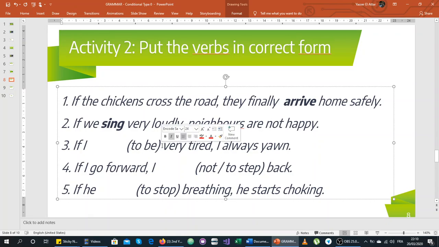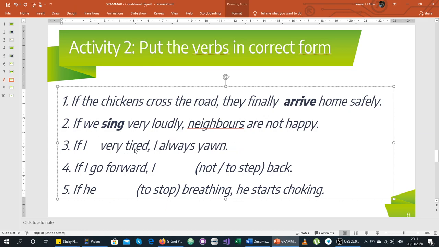Here, if I, and we have the verb to be. And what is the verb to be in the simple present? Can you tell me? No, you cannot tell me, because I'm recording this from home and you are sitting at home, unfortunately. I hope you washed your hands very well. Anyway, what is the verb to be in the simple present?